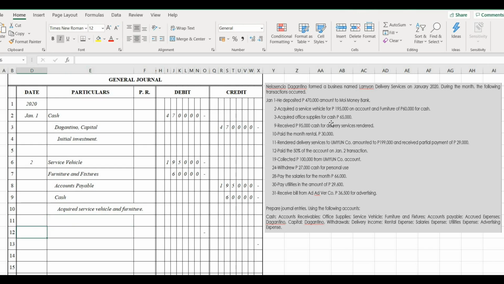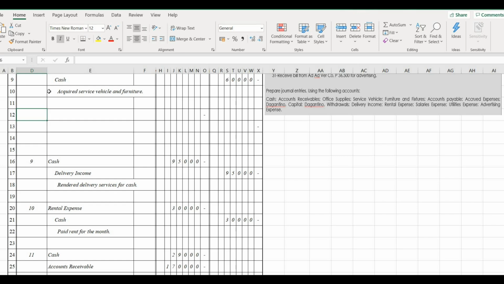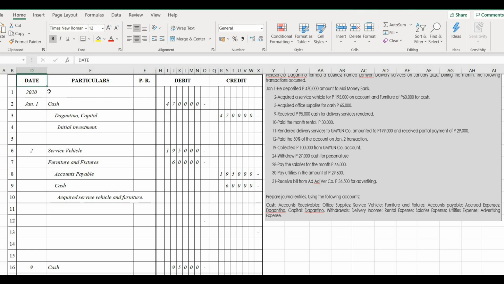Next, we have January 3 transaction, acquired office supplies for cash. So, the amount is 65,000. So, still, we did not change page. So, what we're going to do is just record or write na the date. So, 3, that is acquired office supplies for cash. So, debit tayo ng office supplies. So, the amount is 65,000.